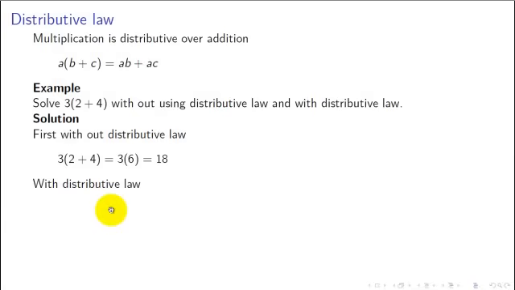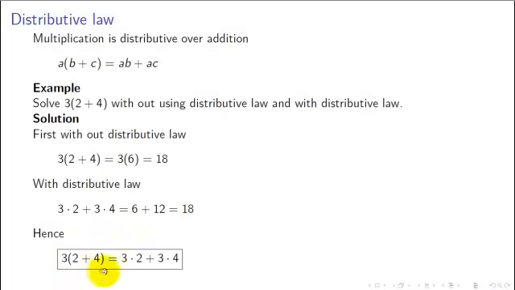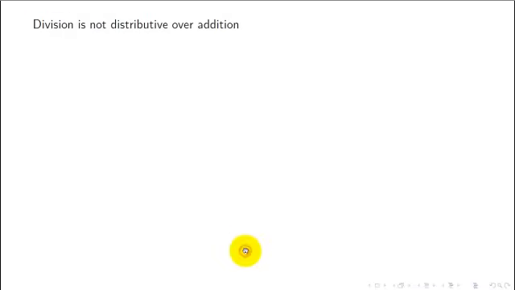Now with the distributive law, 3 times 2 plus 3 times 4 is equal to 6 plus 12, which is equal to 18. 18 is equal to 18. This means that this calculation and this calculation are equal. So 3 into 2 plus 4 equals 3 into 2 plus 3 into 4.